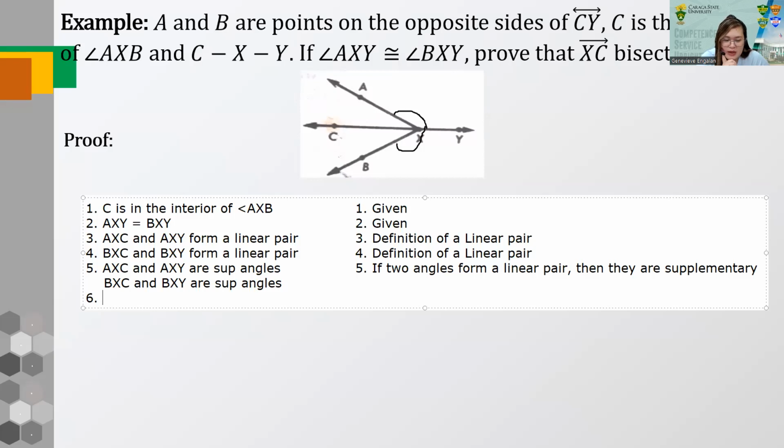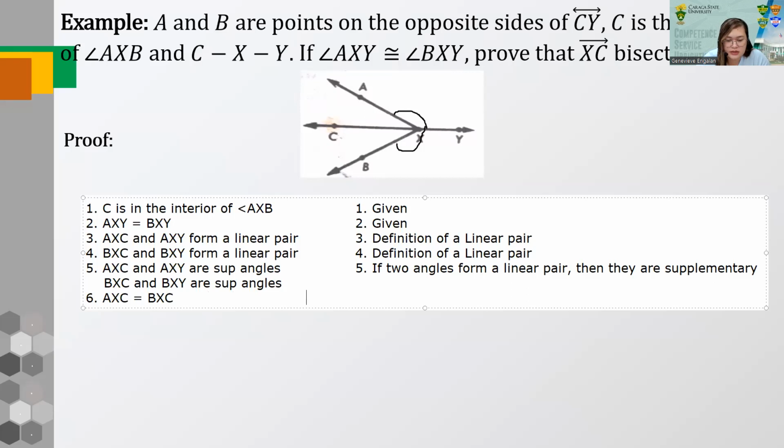So, pwede na dayon ta makaingon diri, kanang atong i-prove nga si AXC and BXC are congruent. Kana sila congruent.